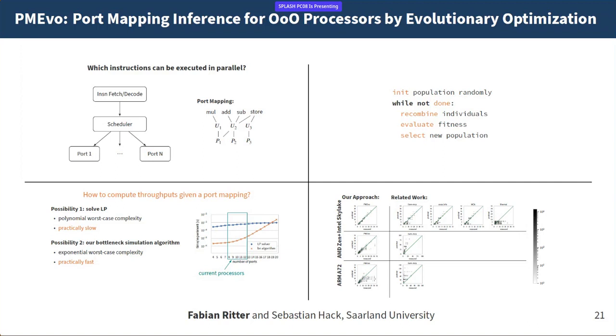And yeah, LLVM's backend, for example, has these huge TableGen files, which, among other things, also take this port usage into account, and they're used for instruction scheduling. You can also use them as a component for other performance simulators. So there are other works that also use this port mapping internally, which also benefit from that.